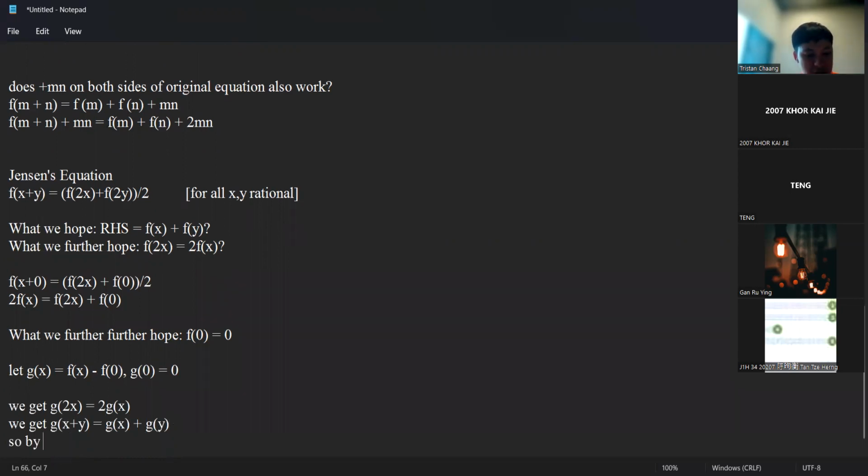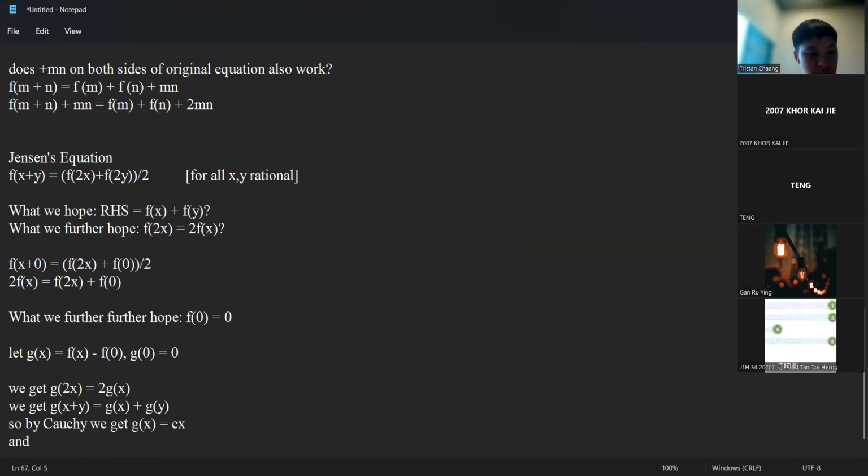And so by Cauchy, we get g(x) is cx, and thus f(x) is cx plus f(0), which I will just call d. So f(x) is just a linear function.